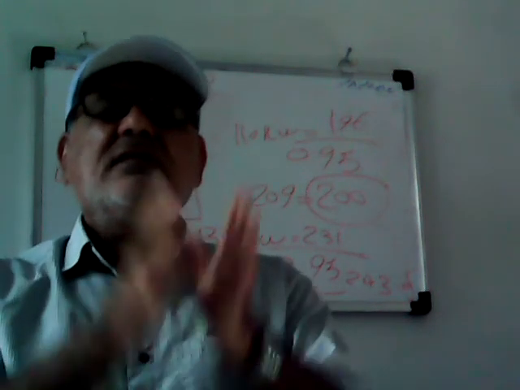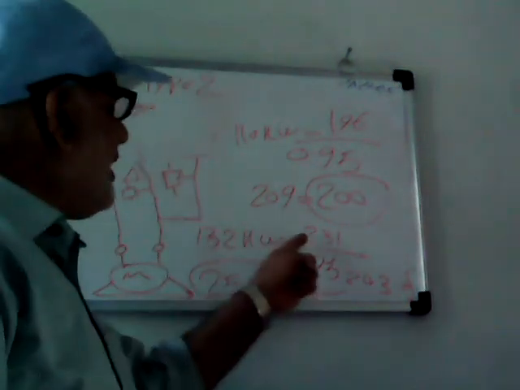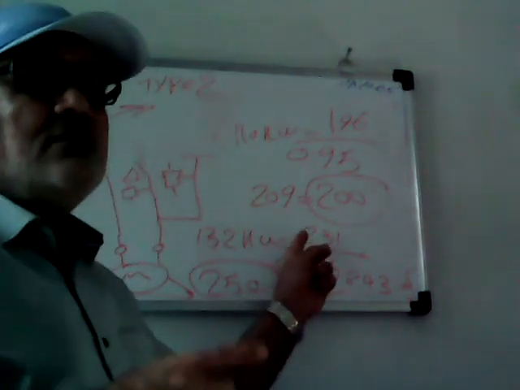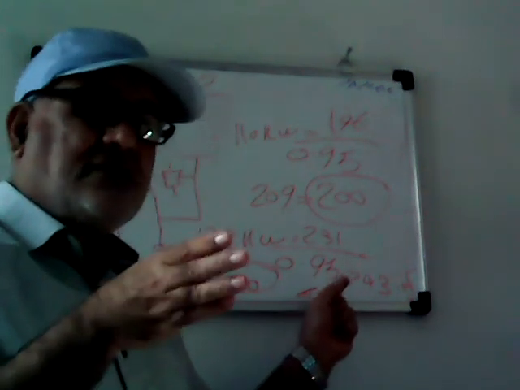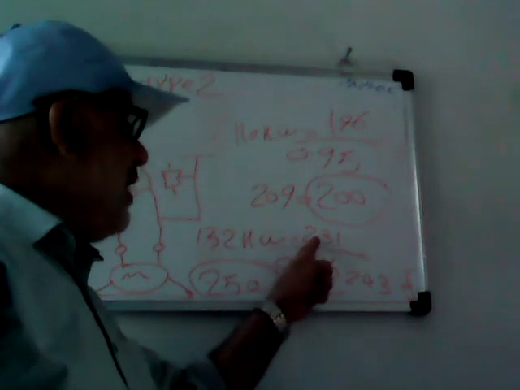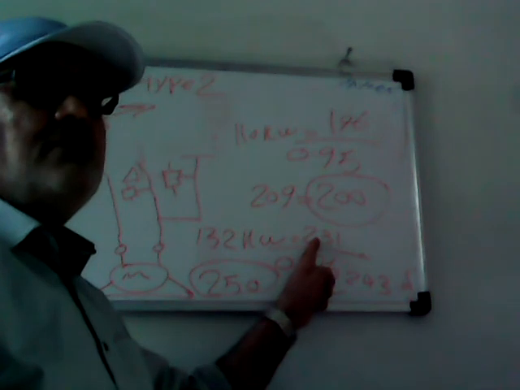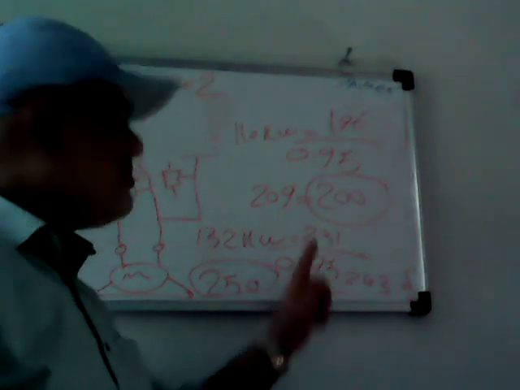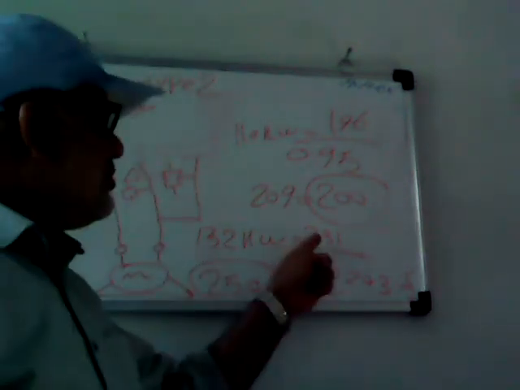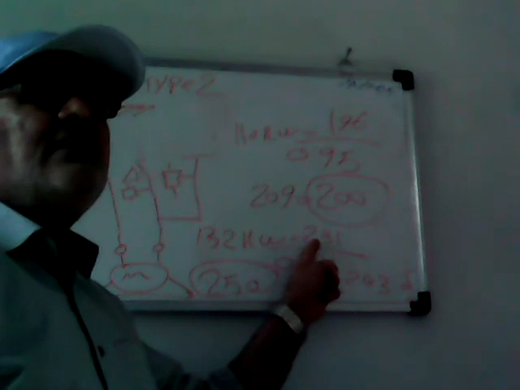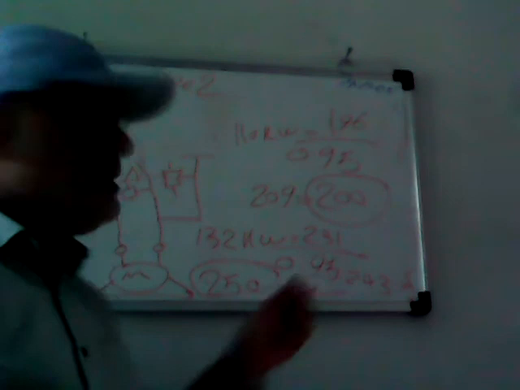Just one point. For finding fuses for a drive and soft starter, you divide the rated nameplate current of the electromotor by 0.98, or you directly use fuses close to the rated nameplate current. Understand?